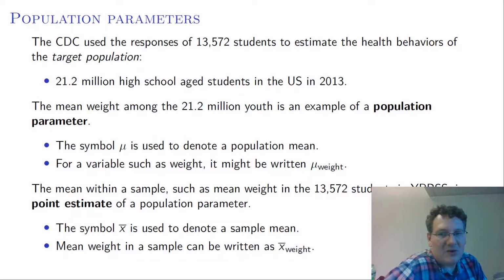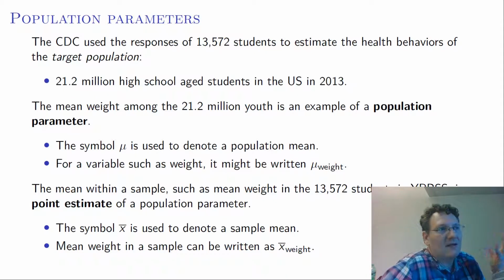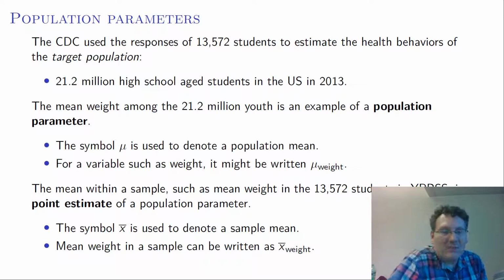For each of these, there's going to be some parameter within the population that the sample data is going to hint at, right? Some characteristic of a population is what we call a parameter. For example, the mean weight. The mean weight in the population is a population parameter. We're going to use Greek letters for the population parameters, and for sample statistics, we'll use English letters.